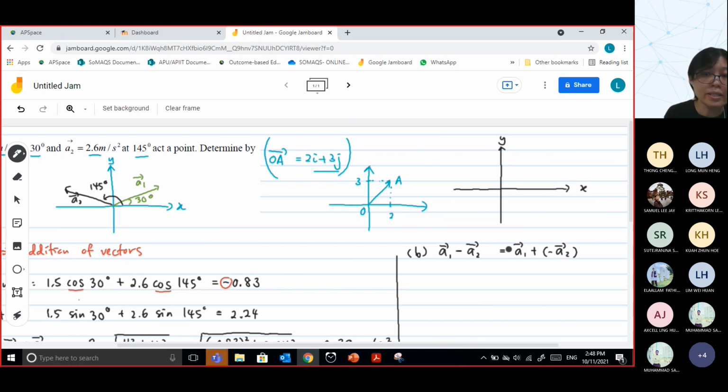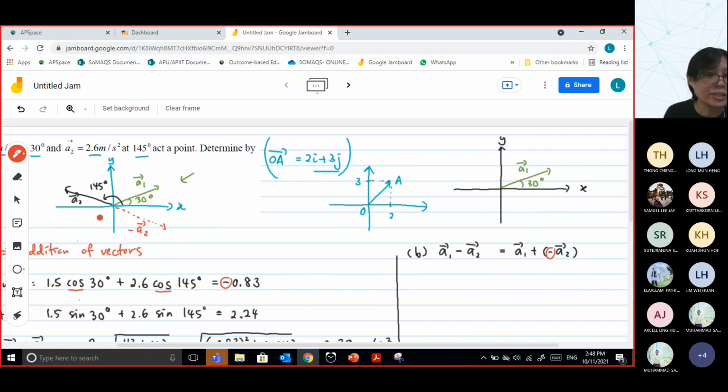A1 still remains. By looking at this diagram, this is your A1 at 30 degree. And this is your A2, with the direction of 145, but now you're having a negative. So that means it's the opposite direction. So this is negative A2.